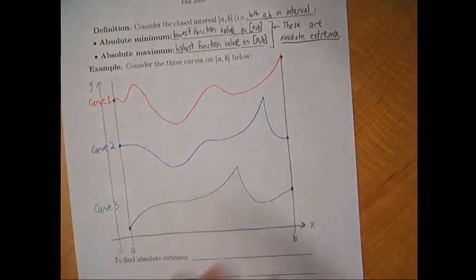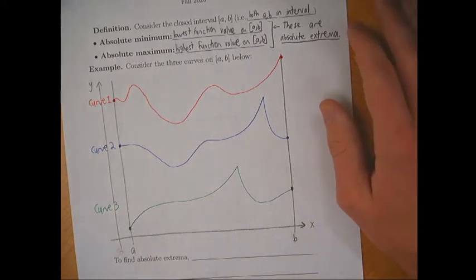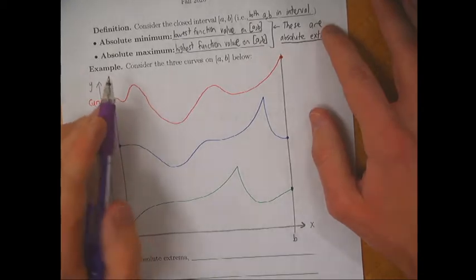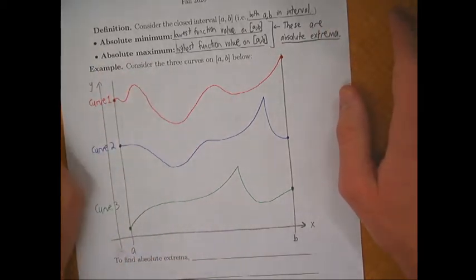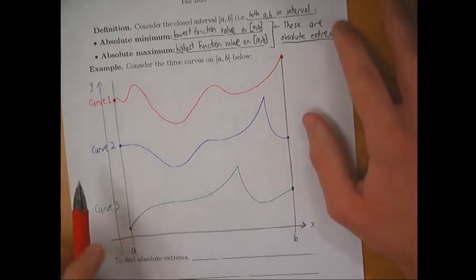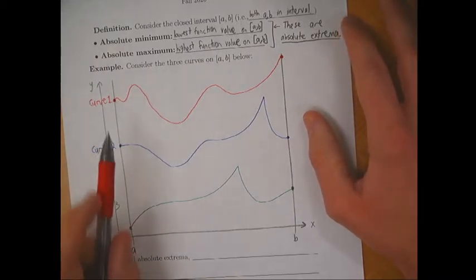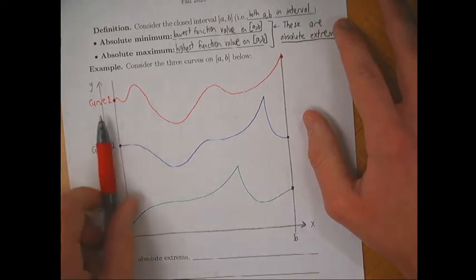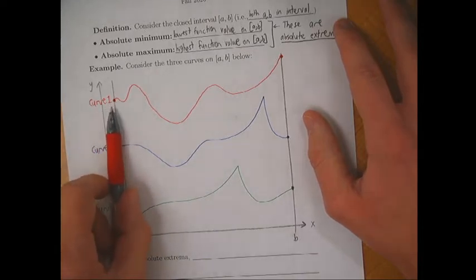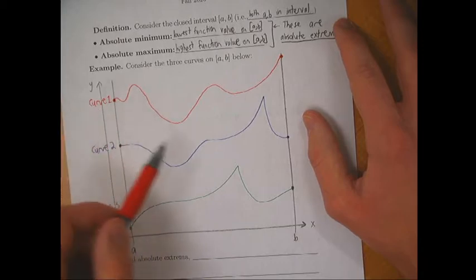All right. So if we take a look at these three graphs here, what we're going to do is focus on what the absolute min and absolute max are of each of these. So let's start with curve number 1, and finding the absolute minimum of this. I'm just going to go along the curve here and ask, what's the lowest function value?